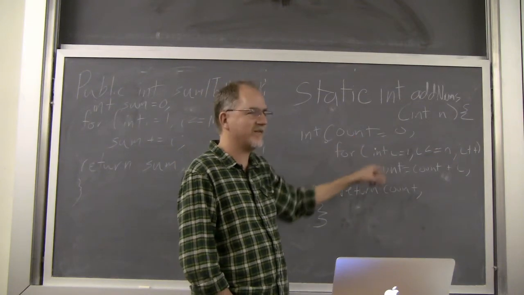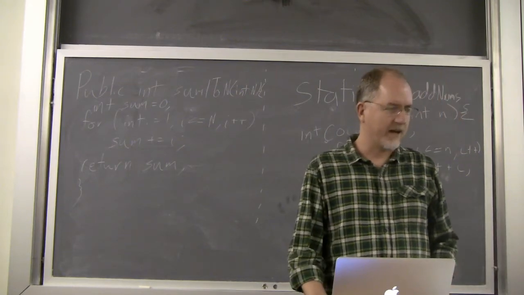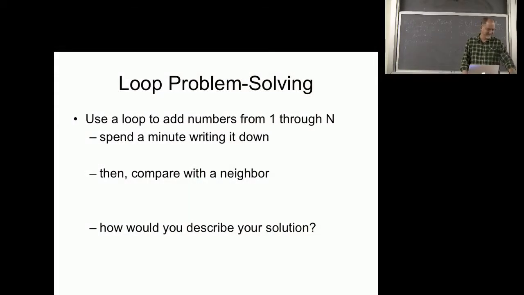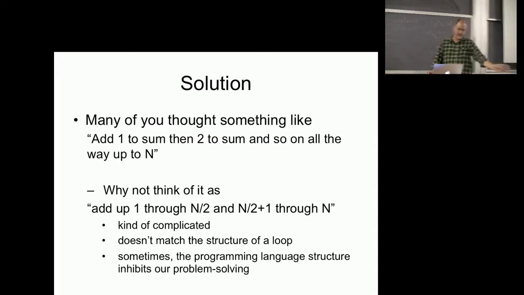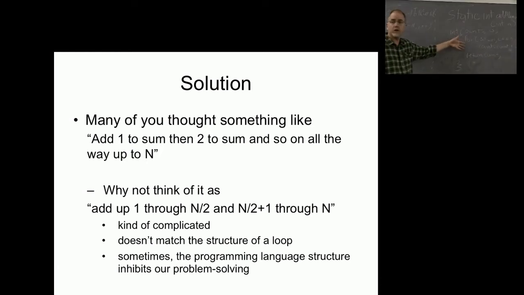You're accumulating a sum, but that's fine. So hopefully most of you had some kind of thought like add 1 to sum, 2 to sum, and so on all the way to n, which is what this is kind of encoding, right? Taking a series of numbers and adding into some variable that's being accumulated.